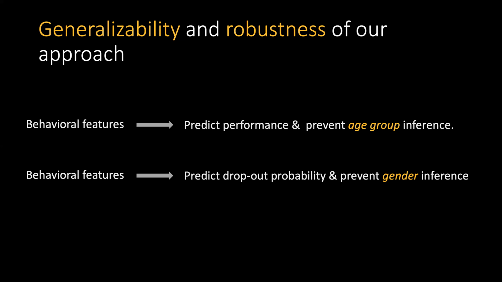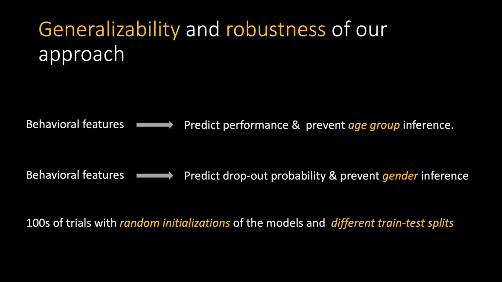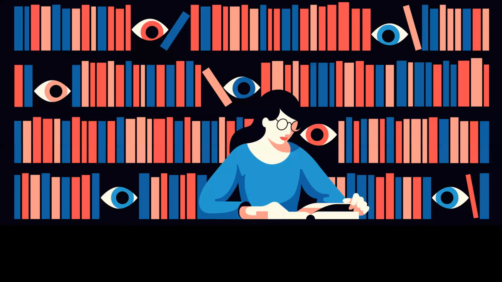These are very different tasks, but each time we obtained similar results. And all experiments were done hundreds of times with randomized initializations and train-test splits. So these results provide evidence of the generalizability and robustness of our approach.